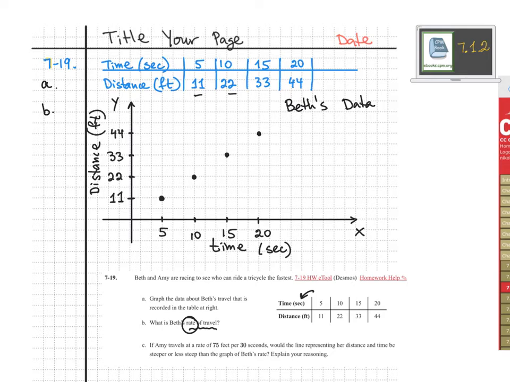So which of all those points can we use? Let's see. Well, I like the one that has the 10. So writing as a ratio first, or rate, so 22 in terms of feet compared to 10, and that's in seconds. So if I want to know how fast she's going, the idea is to have 1 second.